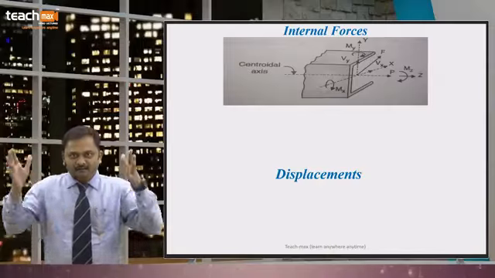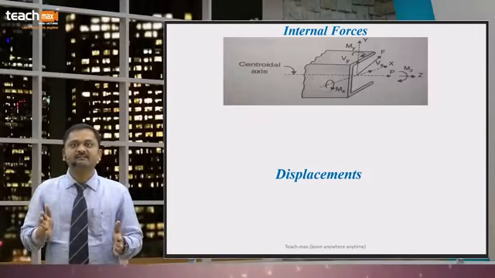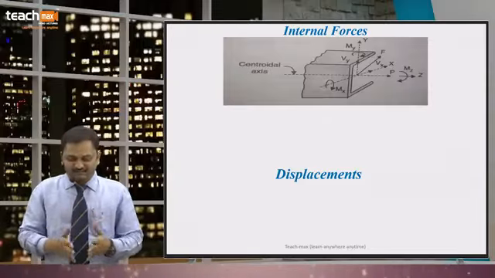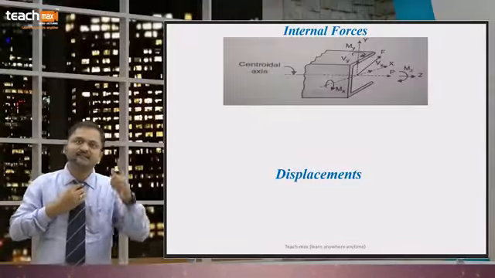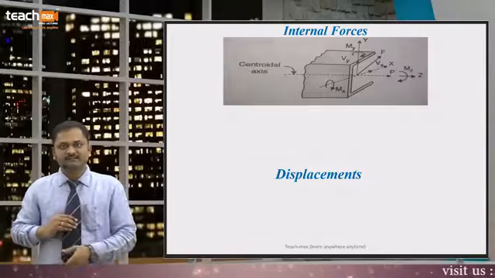For that we can convert a whole structure into a simplified form for the structural analysis. We can idealize the structure into a plane. Those structures are called plane structures, which we are going to see after this slide.